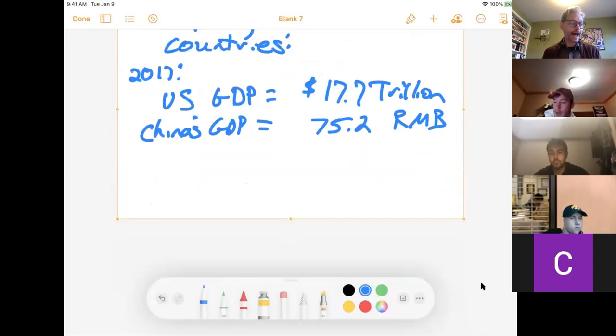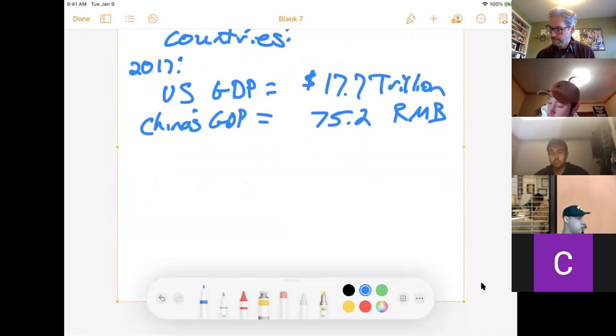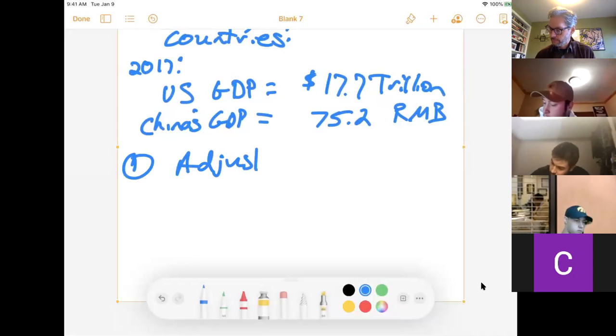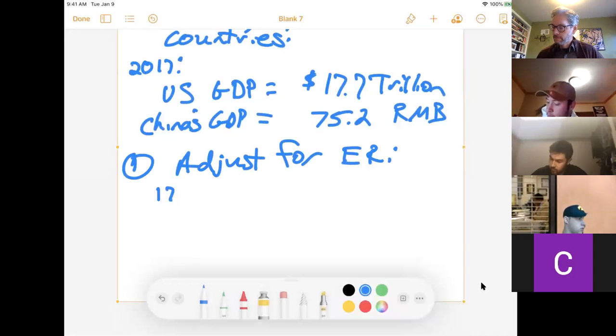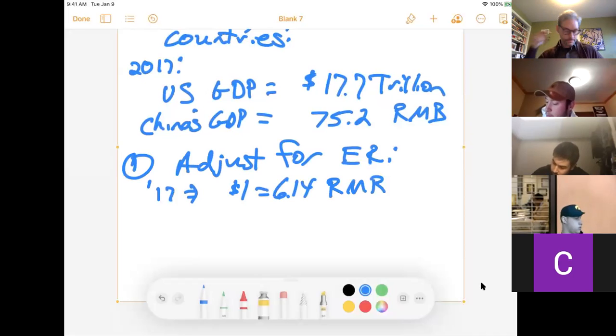The first is obviously that we need to adjust for the exchange rate. In 2017, we find that $1 was about 6.14 RMB.